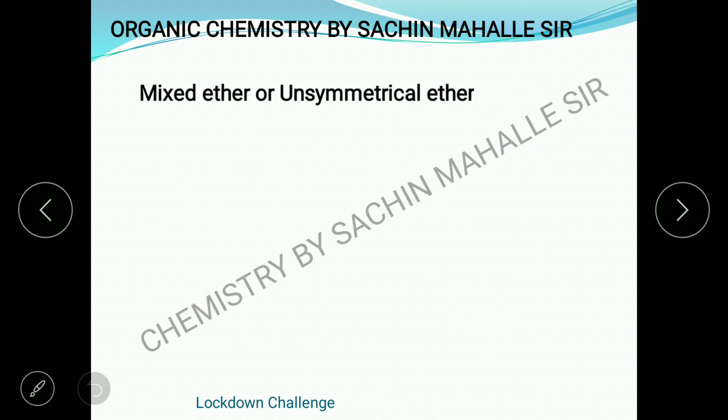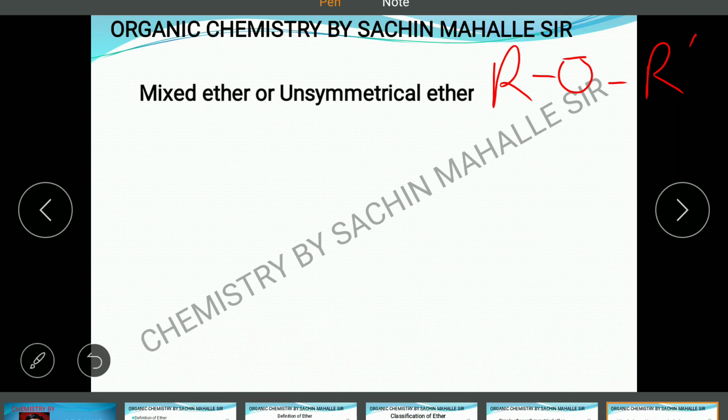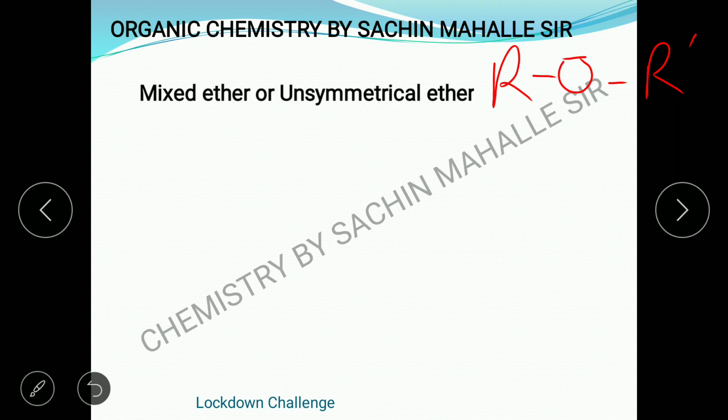Next, mixed ether or unsymmetrical ether. In that, the oxygen atom is attached to two alkyl groups, and they are different. We write R dash here because this R and this R group are different groups.